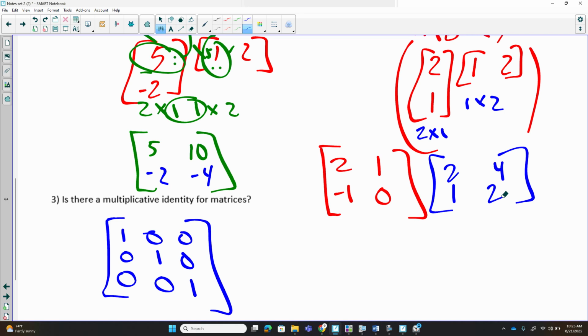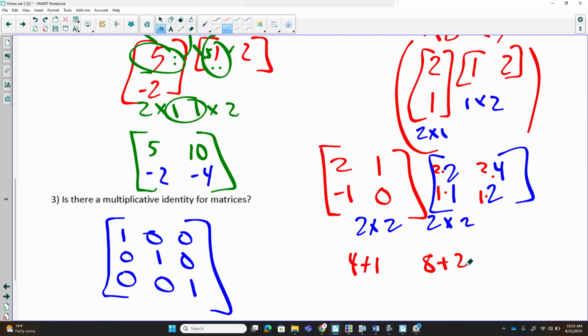Now, I'm going to multiply this one. This is a 2 by 2, and this is 2 by 2. We can multiply these together. So this one has a little bit more work. I'm going to take the 2 and the 1, and then multiply them and add. So I'm going to get 4 plus 1. The next one, I'm going to have a 2 and a 1. Multiply and add to be 8 plus 2.